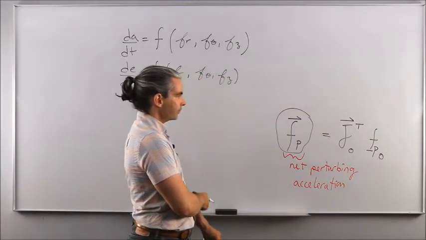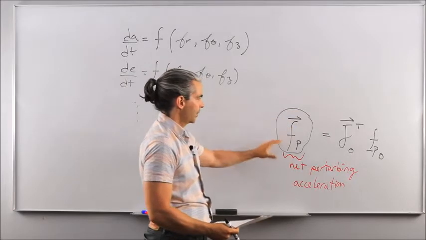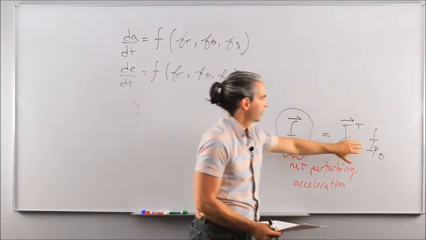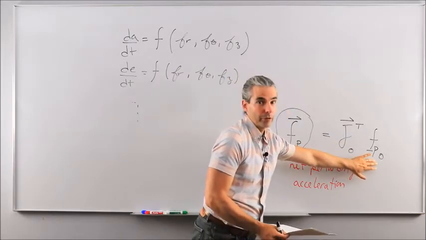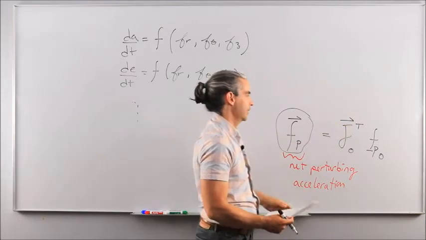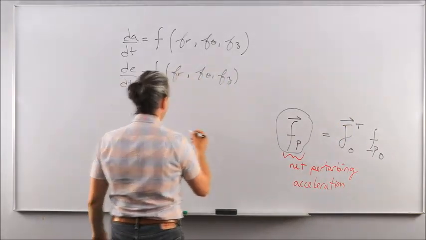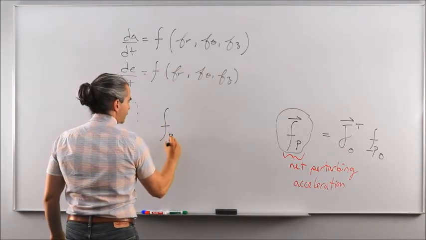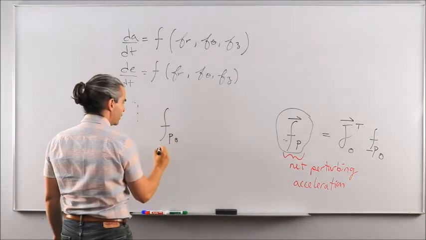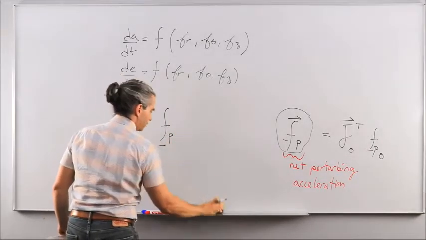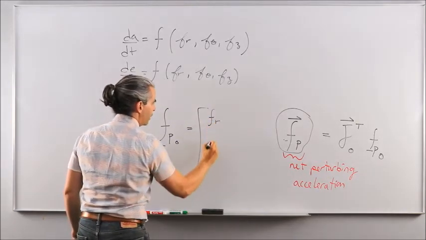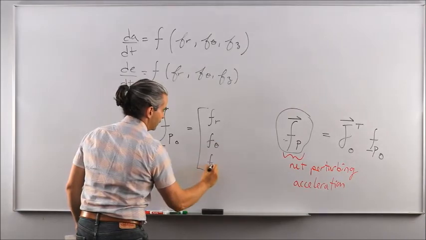So I've just written this particular vector, the net perturbing acceleration vector, in terms of its components in the orbital reference frame, denoted by this guy here. In other words, the x, y, z components of this extra term that we've added to our two-body equation are Fr, F theta, and Fz.